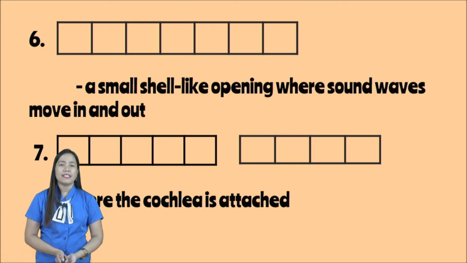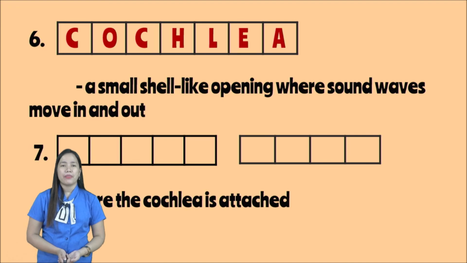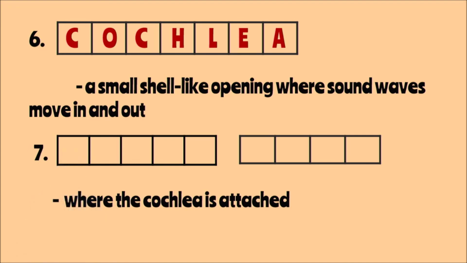What is the shell-like opening? The one that looks like a shell. What do you call that? Very good. That's cochlea. How about number 7? Where the cochlea is attached. What do you call that cell? Very good. Nerve cell. Good job.